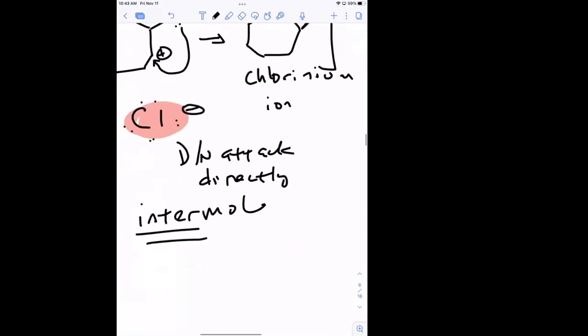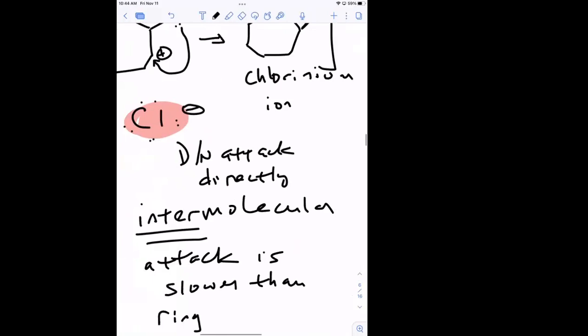Intermolecular, slower than ring closure. Follow? Anybody got a question about that?